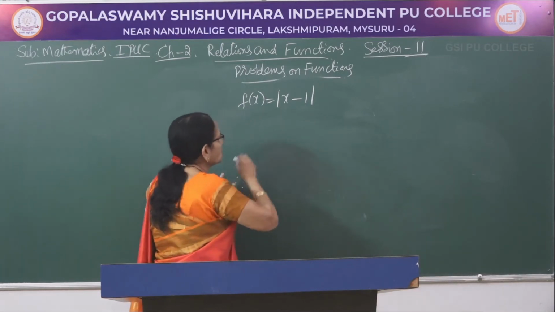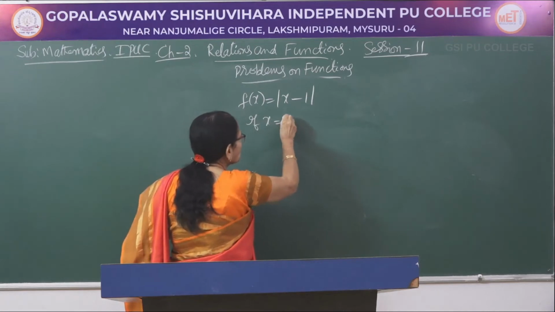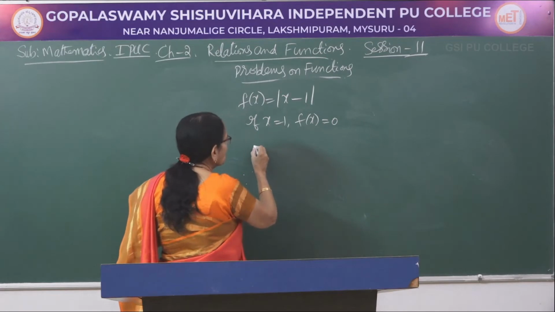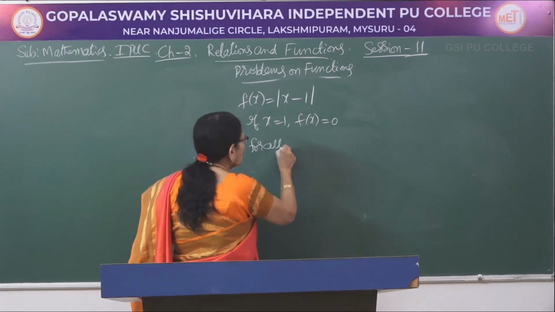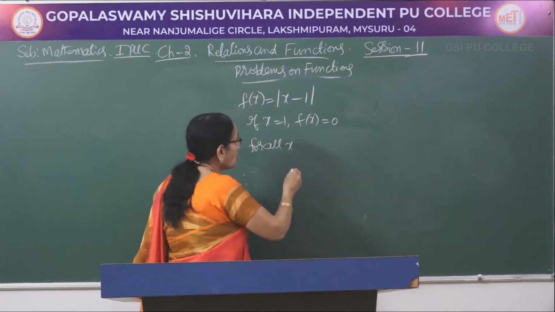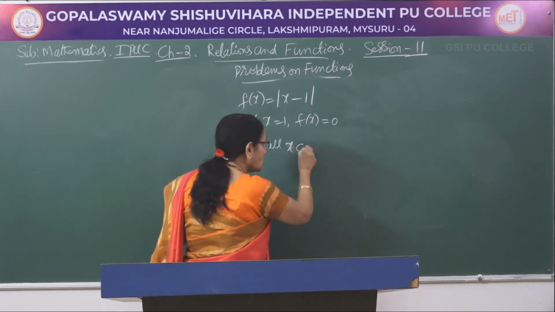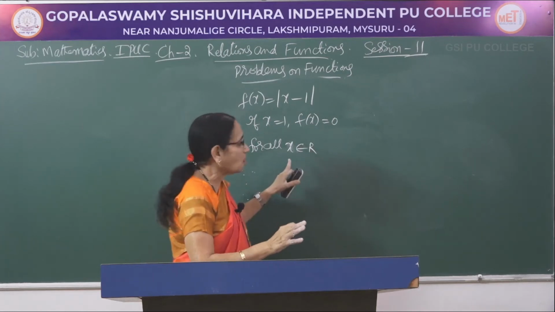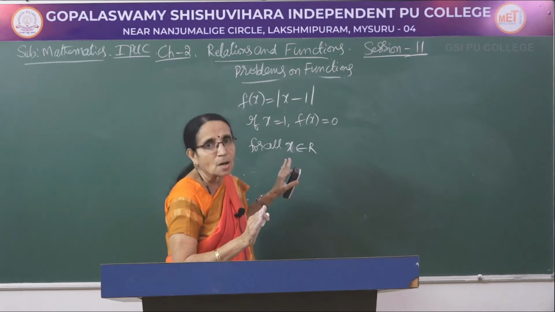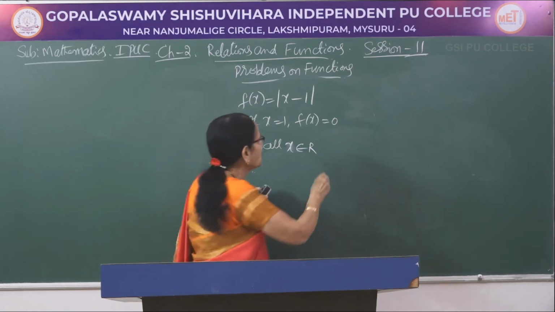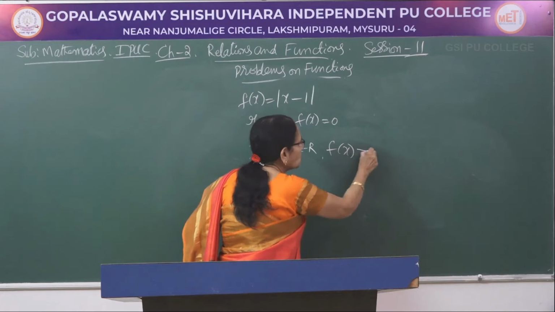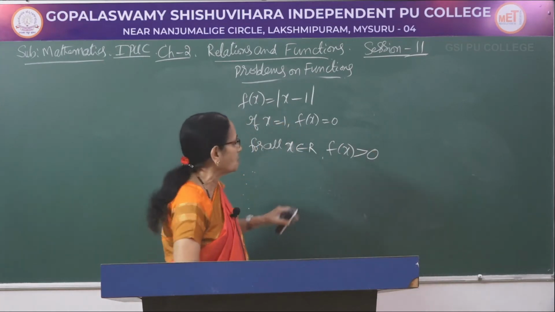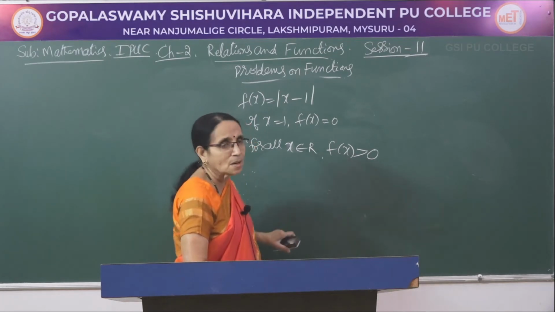So, let me present that one. If x is equal to 1, f(x) is equal to 0. For all the other values of x belonging to R, I am not writing the sign here, plus or minus, for all the other real values of x, here you observe f(x) would be greater than 0 because we get the image to be only a positive number. f(x) is greater than 0.